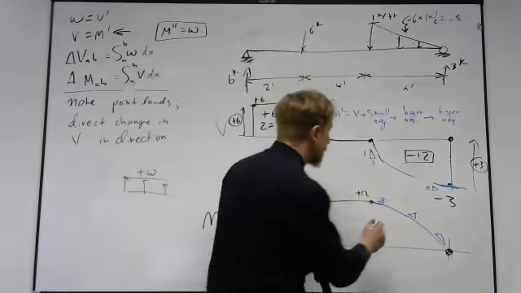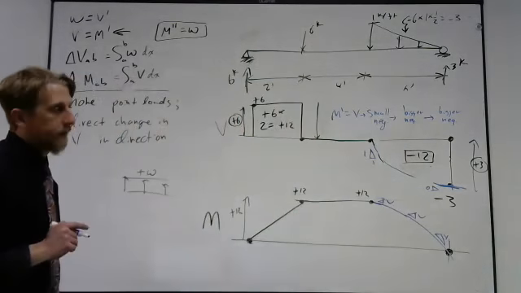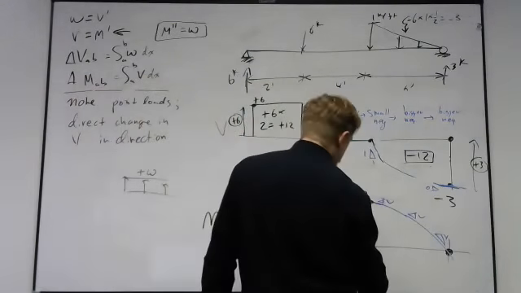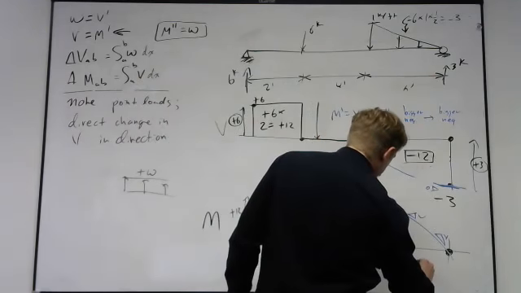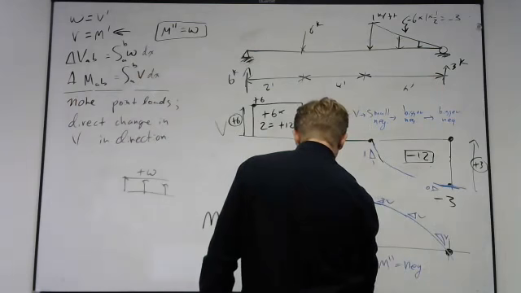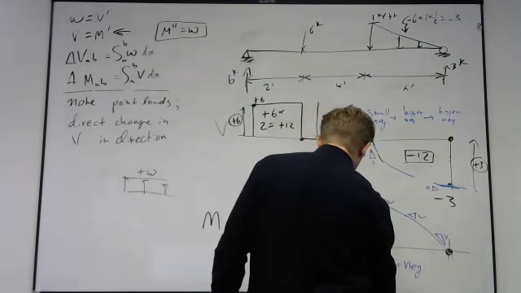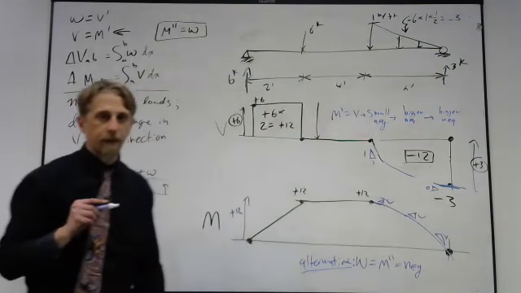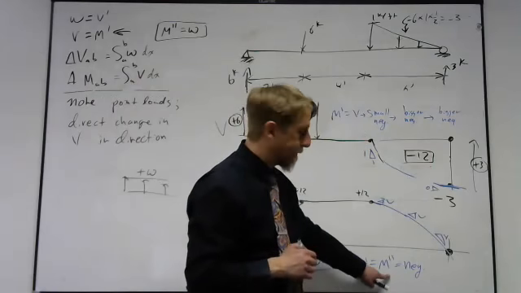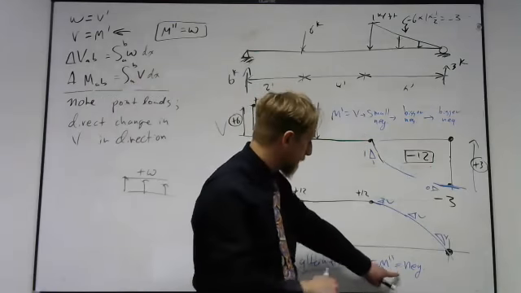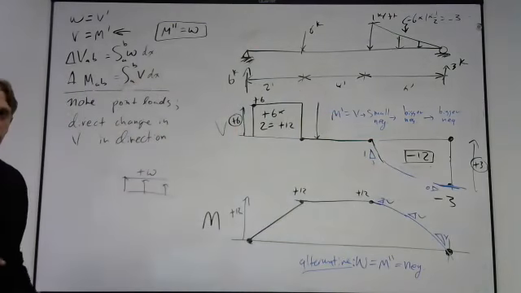That's the value of V. The other way that you can figure is what I did before. W is M double prime. It's negative. This is the other way to draw the shape. W is the concavity of the M diagram, not the beam, the M diagram. It's negative, should be going like that. So let's double check and I figure I did it right.